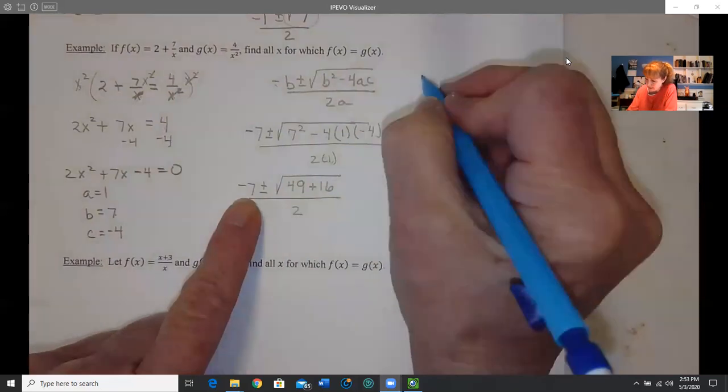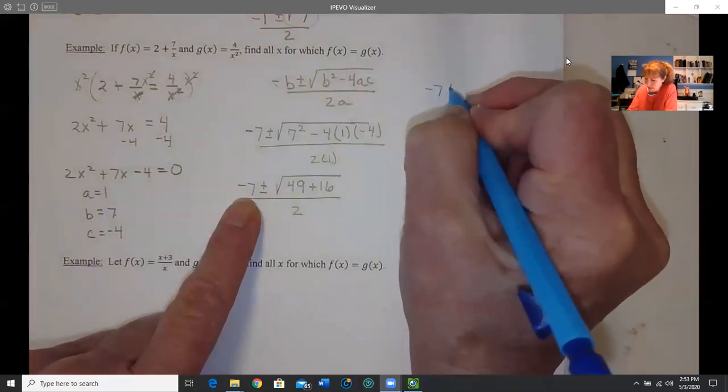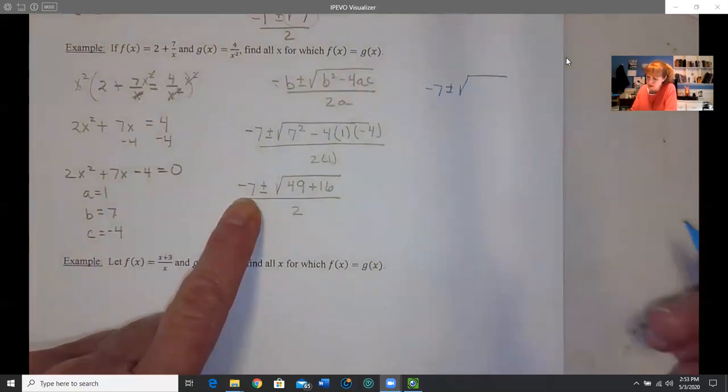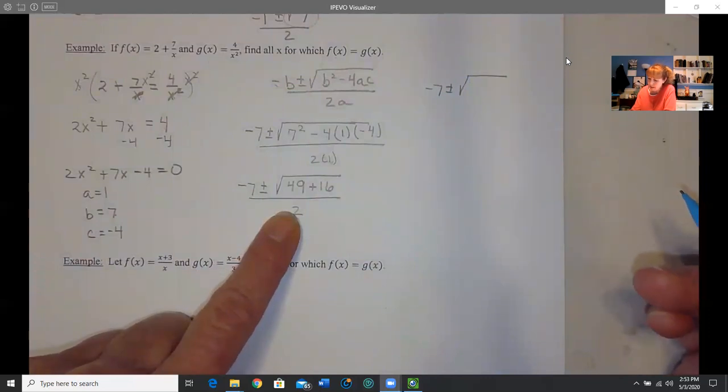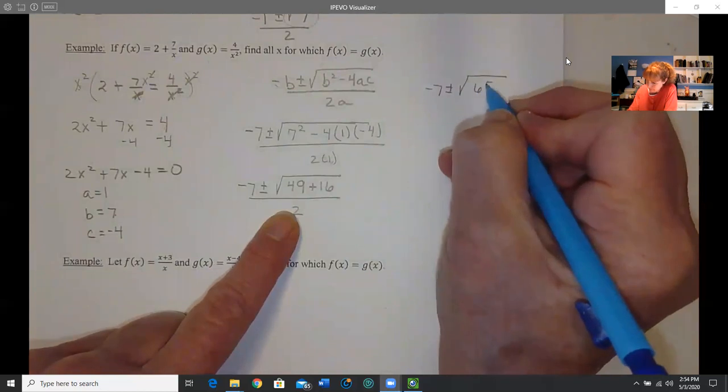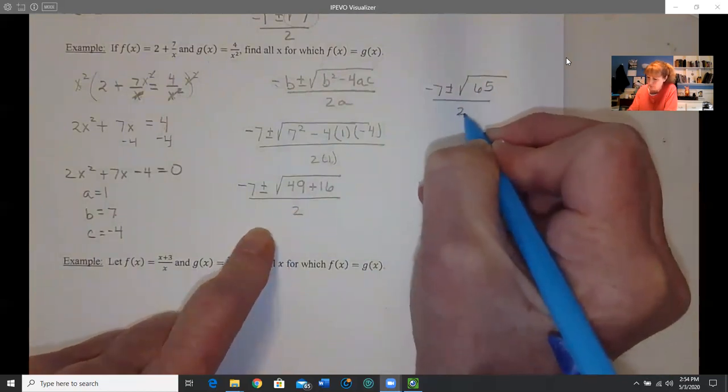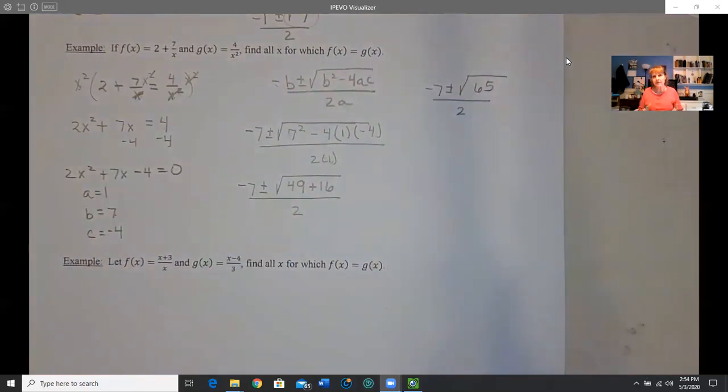So we have a minus 7 plus or minus the square root of, let's see, 49 plus 16 is 65, all over 2. Okay, and then you need to ask yourself, all right, is there 2 of anything in 65? Well, let's see, 65 divided by 5 comes out to 13. Nope.